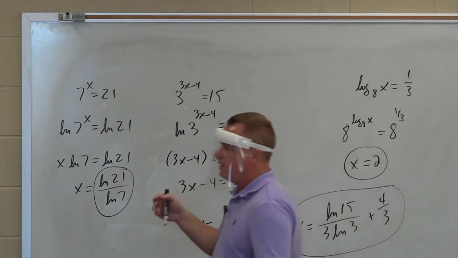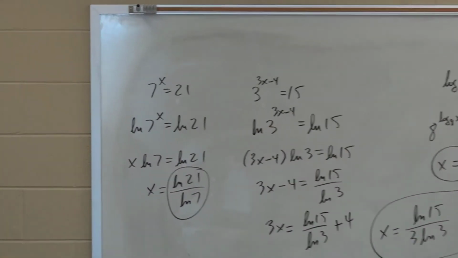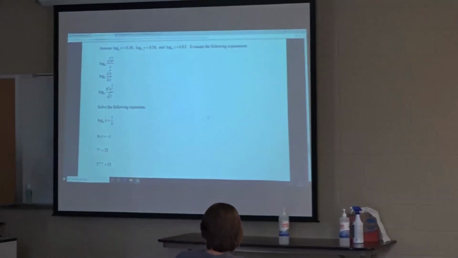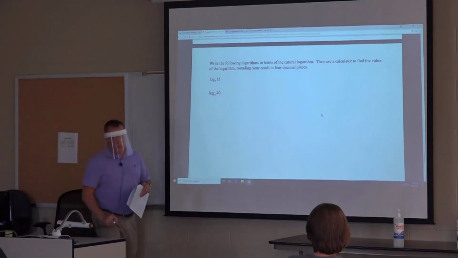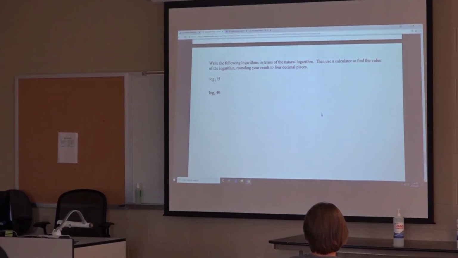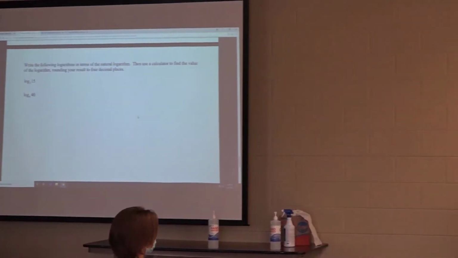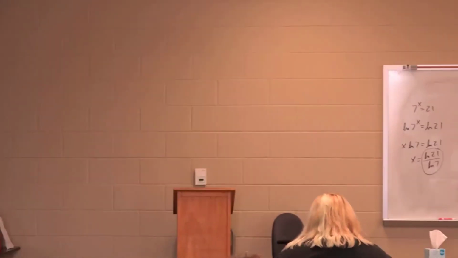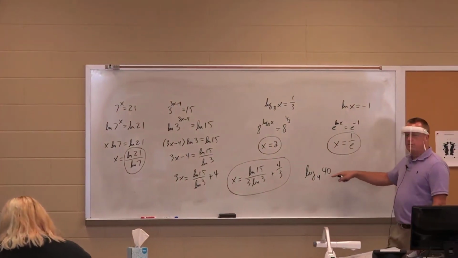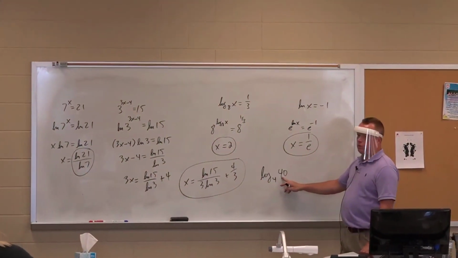The only last thing on here with the logs is just using that change of base, which we kind of did. Let's just look at this last one here. So if I want to know what is a decimal approximation of log base 4 of 40. So in other words, 4 to what power gives me 40?